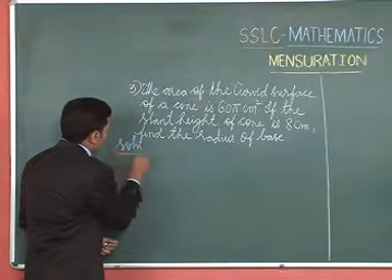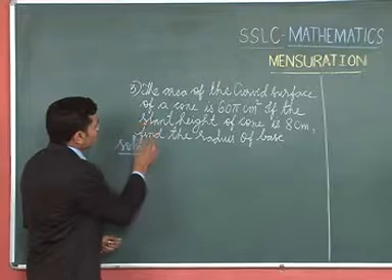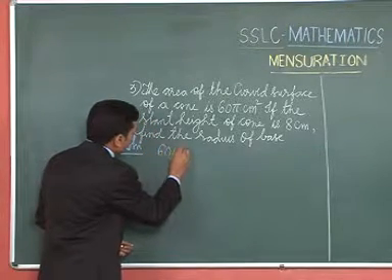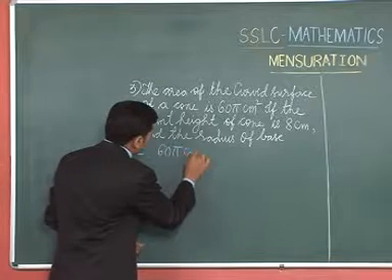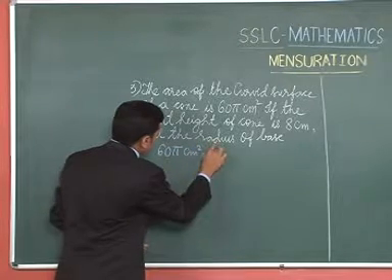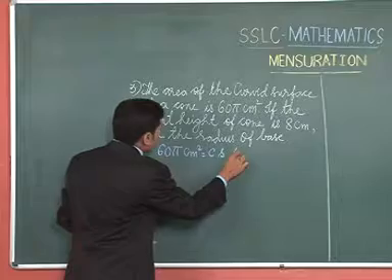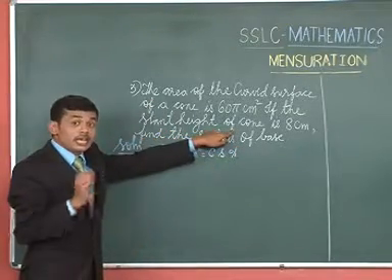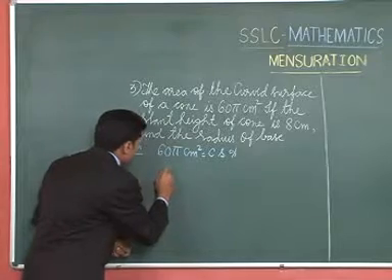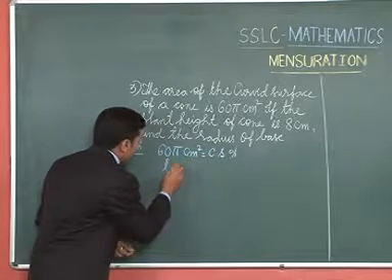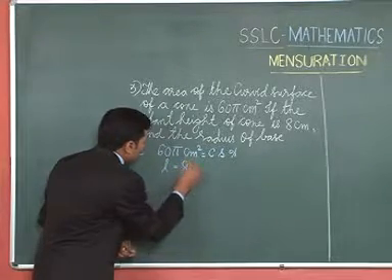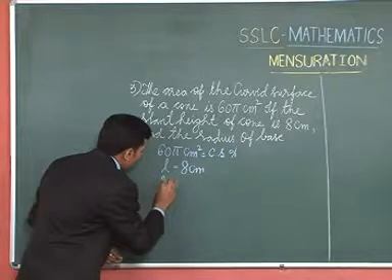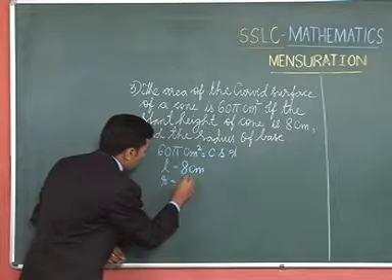It's given that the curved surface area of a cone is equal to 60 pi centimeter square, and the slant height of the cone is 8 centimeter. Slant height, that is L, is equal to 8 centimeter, and we are asked to find out the radius of the base of the cone.